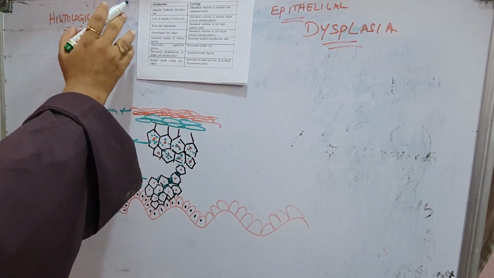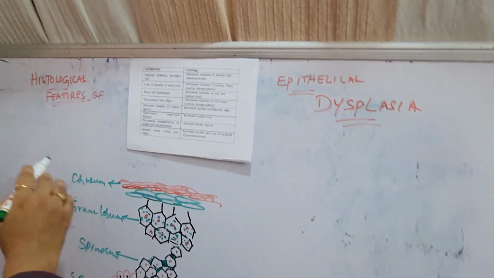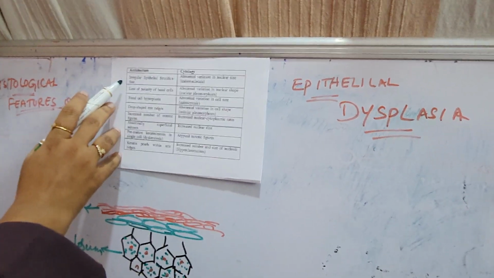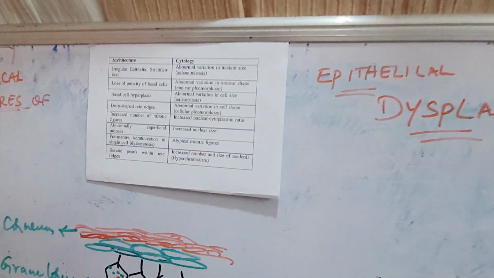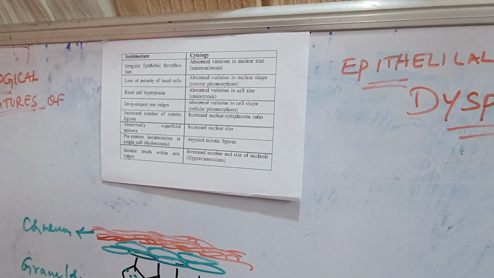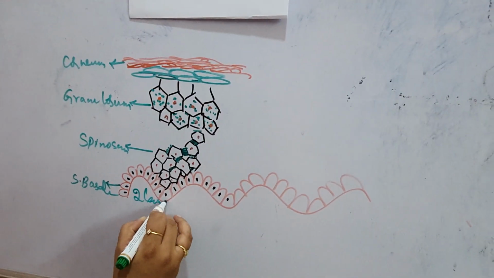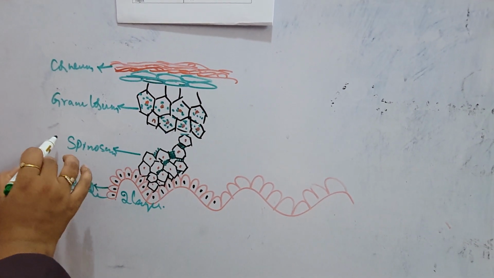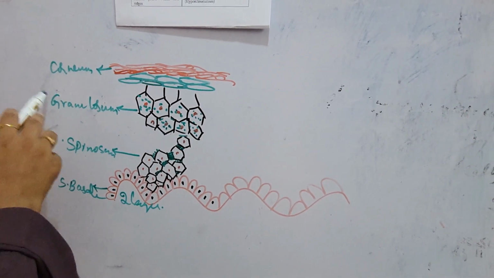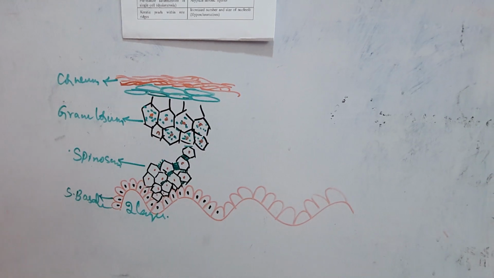Now, first let's see the architectural changes. The first architectural change is irregular epithelial stratification. Normally you will have 2 to 4 layers of stratum basale, 2 to 3 layers of spinosum, 2 to 3 layers of granulosum, and a top layer of corneum.